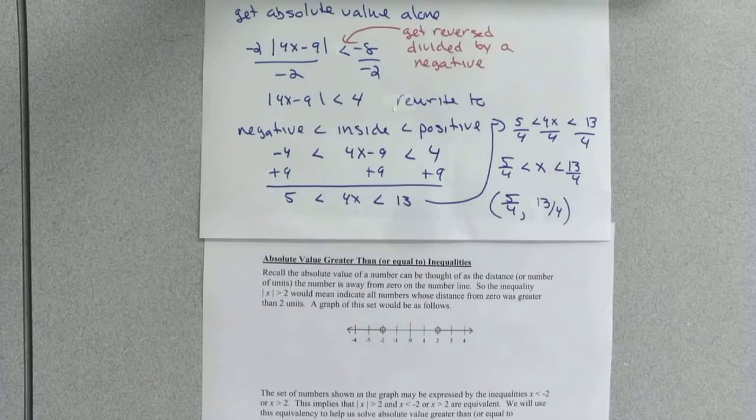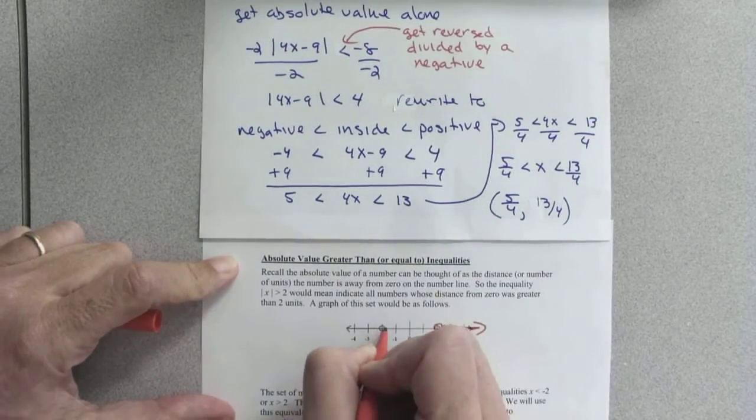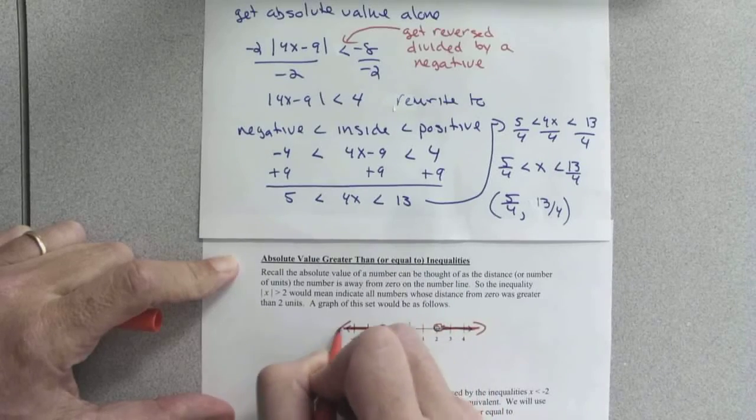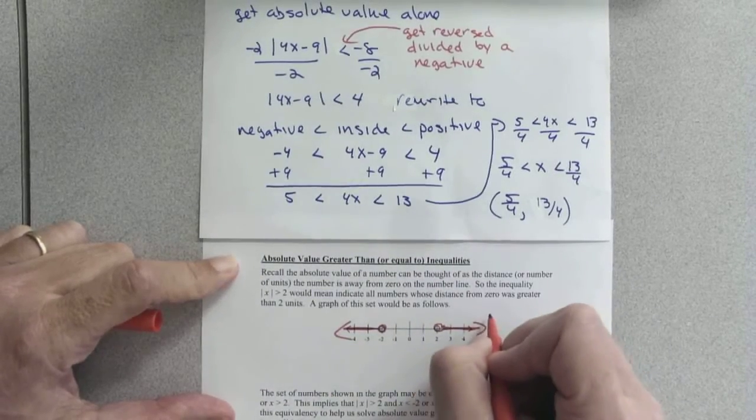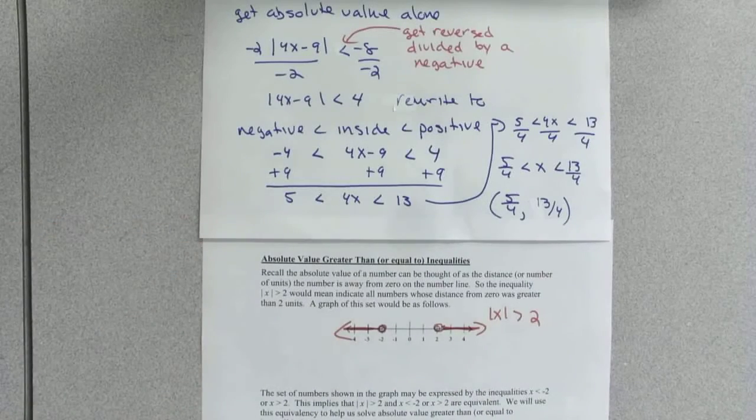So the inequality absolute value of x greater than 2 would indicate all numbers whose distance from 0 was greater than 2 units. So it would be these two graphs, there and there, that would be the absolute value of x greater than 2. All the numbers whose distance is greater than 2 units away.